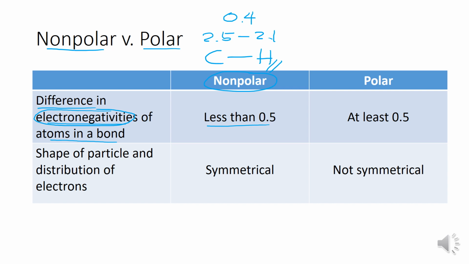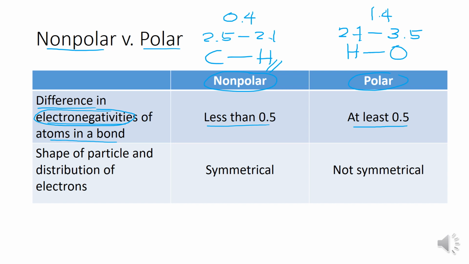Otherwise, if the difference in electronegativities is at least 0.5, that is 0.5 and above, the bond is polar. For example, let's say we have a bond between hydrogen and oxygen. For hydrogen, again from the previous example, the electronegativity is 2.1. For oxygen, the electronegativity is 3.5. The difference is 1.4, which is greater than 0.5.